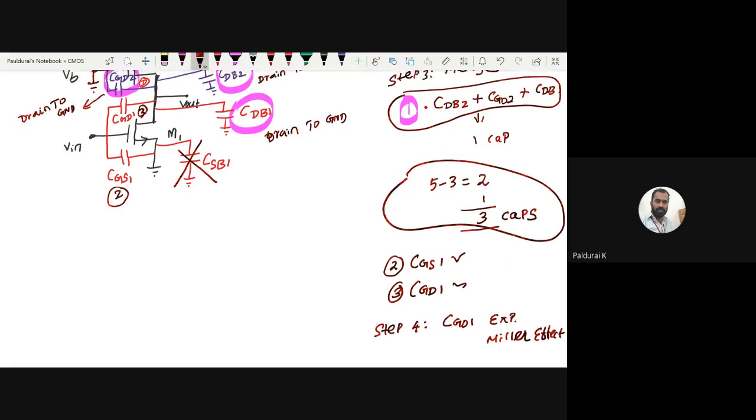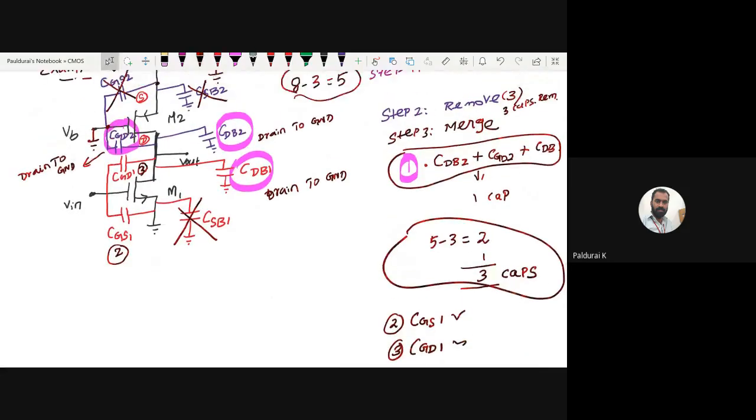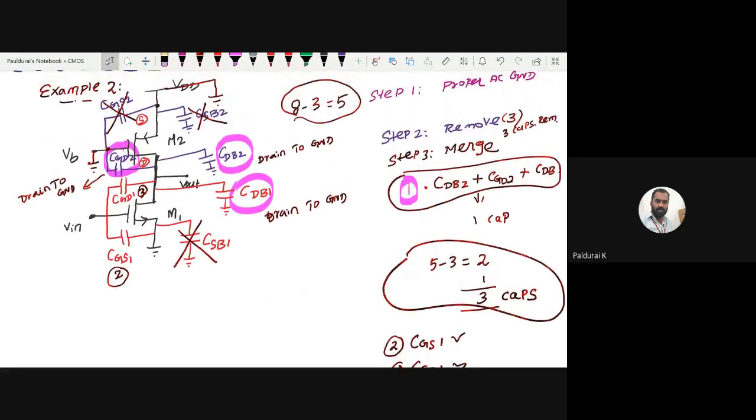Is the step clear? Step 1, see who are all connected to ground. Step 2, you want to drop all the capacitors. In that, first step remove. Is there any possibility to remove? Second step merge. Keep two keywords, remove, merge.